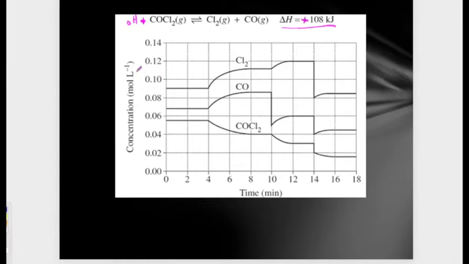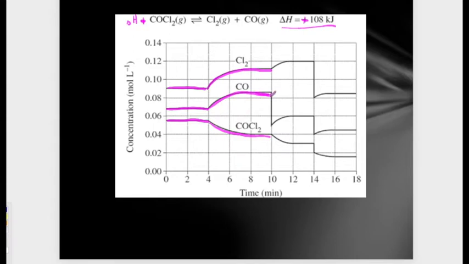Okay, so you can see that the y-axis is concentration. Going along from 0 to 4 minutes, I'm at equilibrium. And then all of a sudden, my equilibrium gets broken. I start to form more products and consume more reactant.